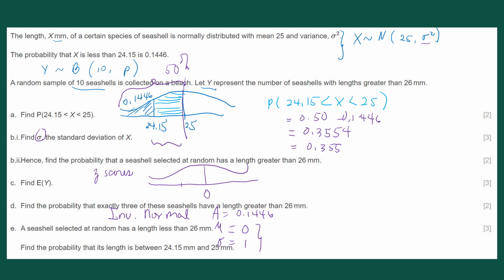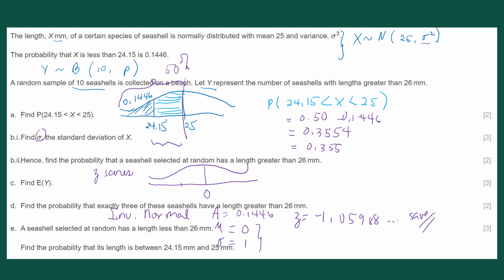These are default in your calculator. This will give you a Z, which is equal to negative, let me check my calculator, negative 1.05988. You can save this.